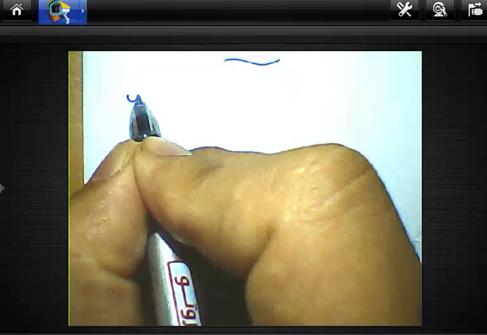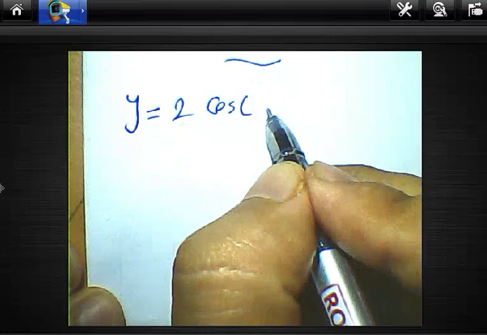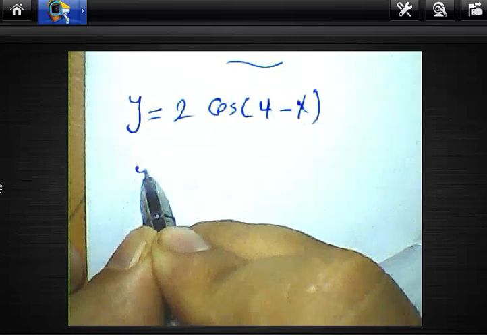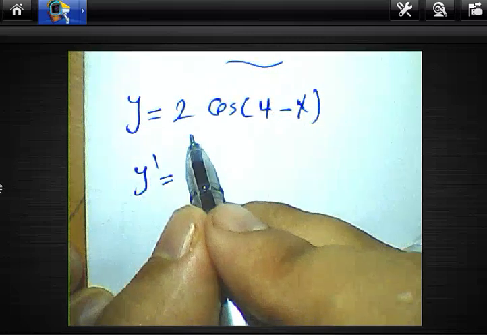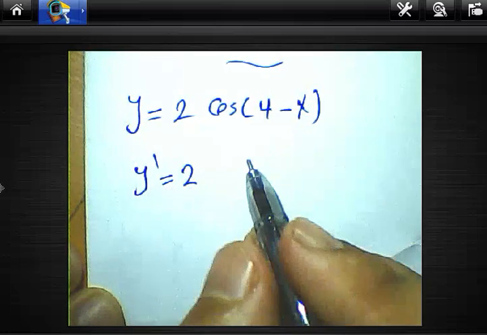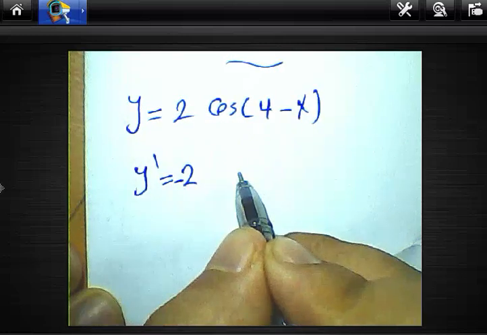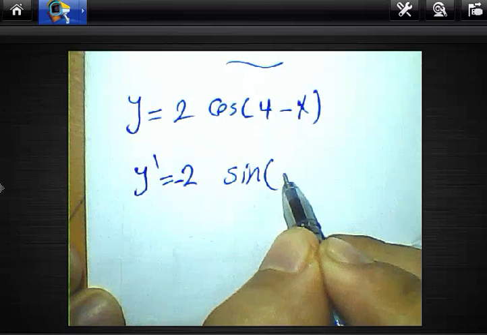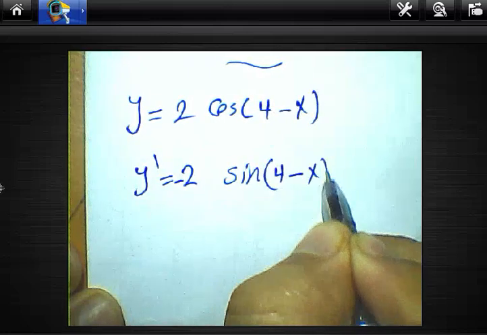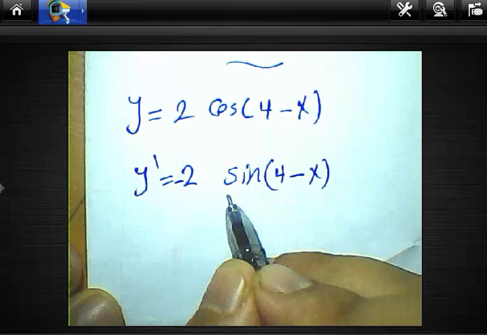Now we have y equal 2 cosine 4 subtract x. To find the derivative of this function, we must write 2 outside here, its coefficient of this trigonometric function, and we multiply by the derivative of cosine, which will be negative sine, and the angle is 4 subtract x, and then we must find the derivative of negative x, which will be negative 1.